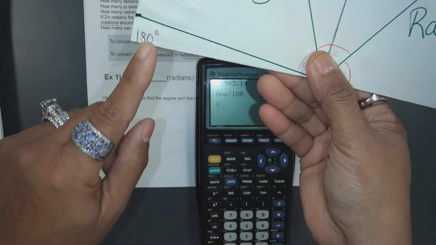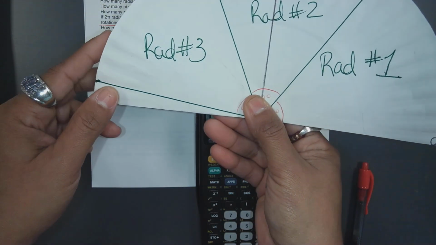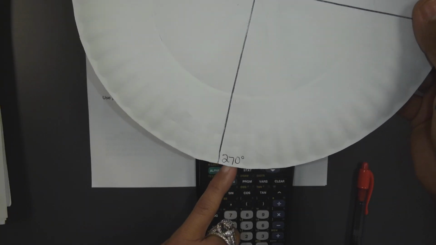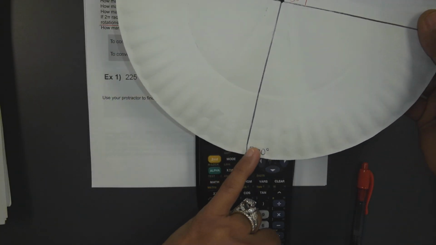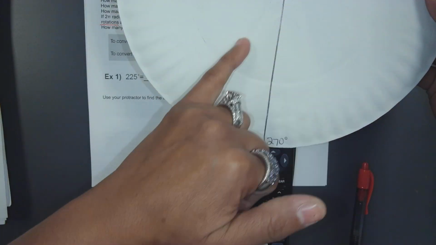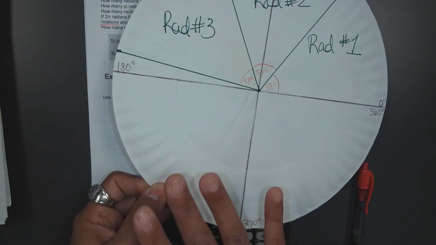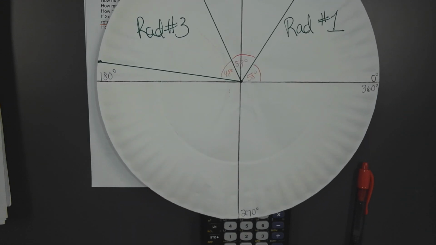If this is 180 degrees, this is what we call the unit circle in pre-cal, and this is 270 degrees. 225 is going to be about right here. We haven't finished our unit circle yet. Let me see if I have one that is complete. Maybe not.